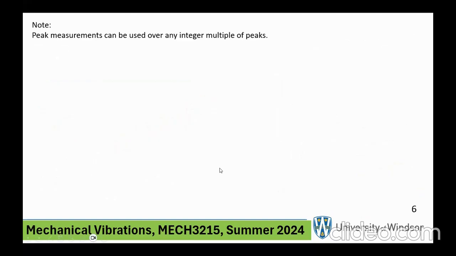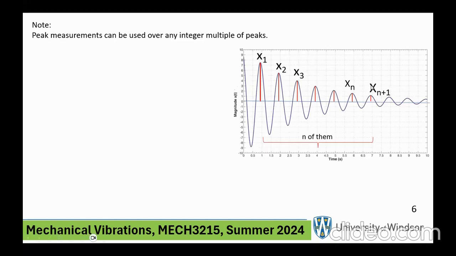Now, you might ask, could I have used maybe 10 of these peaks to come up with the answer instead of 2 consecutive peaks? The answer is yes. Suppose you look at n plus 1 peaks, so n oscillations basically.